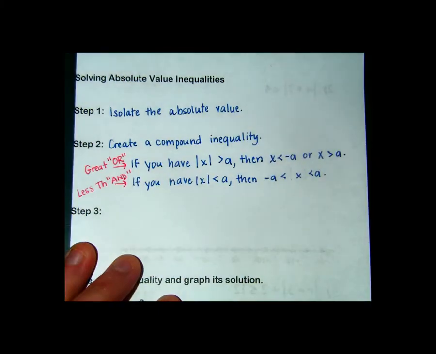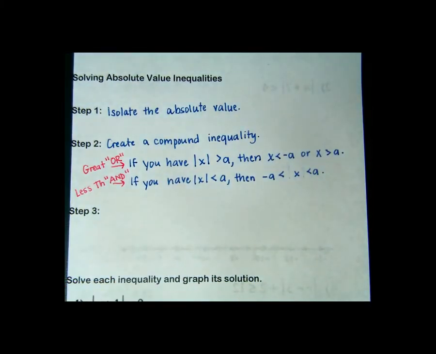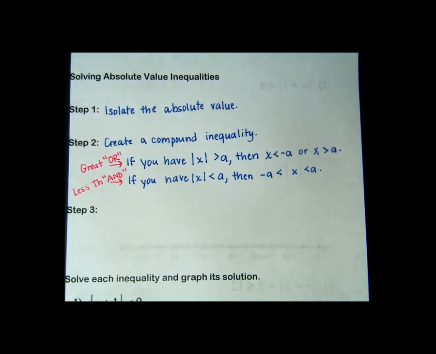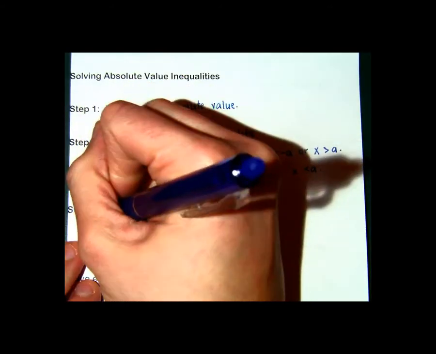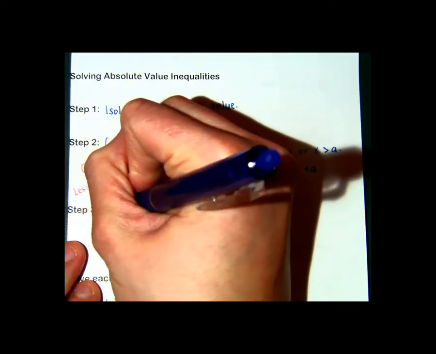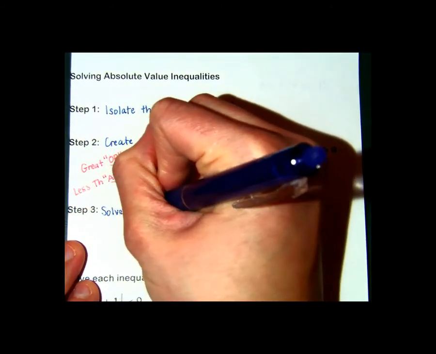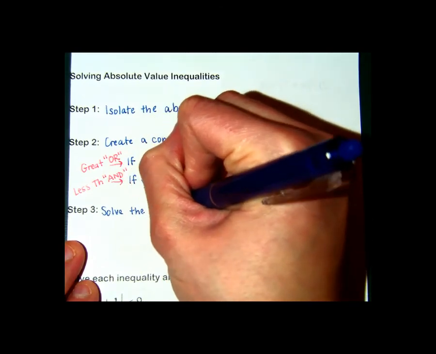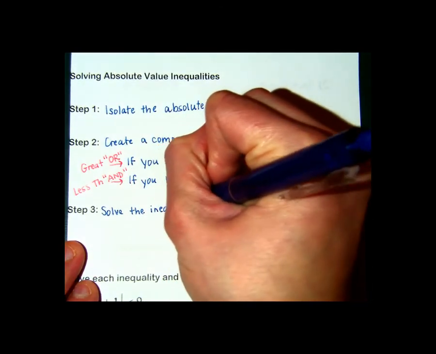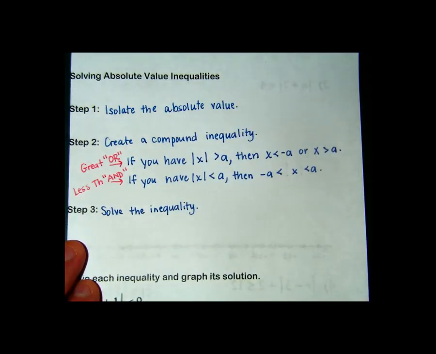That's a good way to memorize which one you need to use. Once you have set it up, step 3, you are going to solve that inequality. So the big part of this is making sure you know how to set it up. So we're going to go ahead and look at number 1 and talk about how we need to set it up.